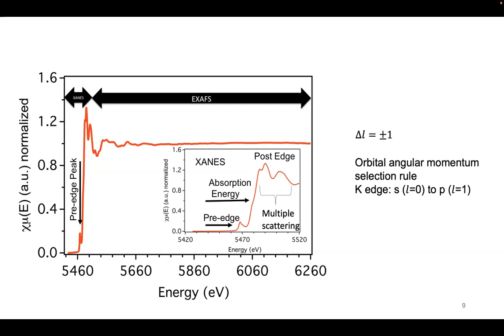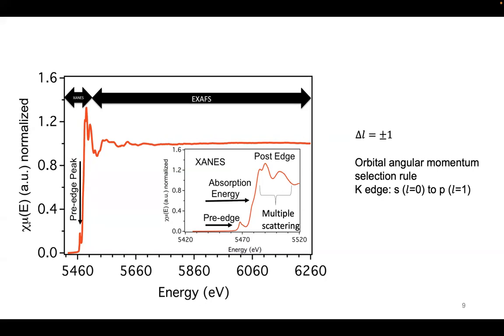If you are ejecting an electron from the 1s region, which is a spherical orbital, the electron transition has to satisfy the orbital angular momentum selection rule, which is that delta L has to be plus or minus 1. For those of you that have taken chemistry, this might ring a bell when it comes to spectroscopy. So if you're going from 1s, then you have to go to a p orbital, a p state.